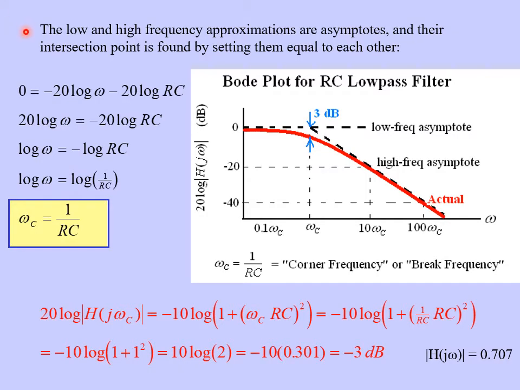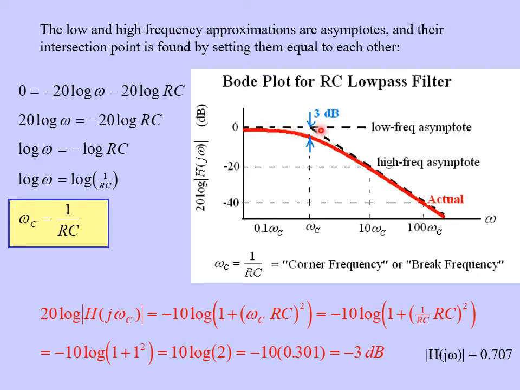So let's take a look at what happens when the high and low frequency approximations are set equal to each other. What we've shown so far is that at low frequencies, in this portion of the graph, our Bode plot for this filter is at 0 decibels.